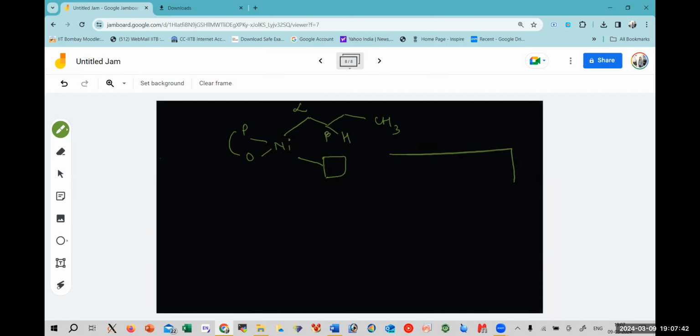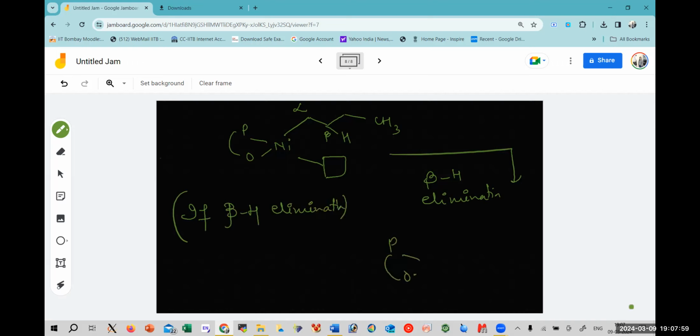Now if beta hydrogen elimination goes, that will cause the termination of the step. So if beta hydrogen elimination occurs, what will happen? It would regenerate the catalyst. It would form a nickel hydride, plus it would give you a product with a double bond, and this is your product. So it stopped. This is now your product.